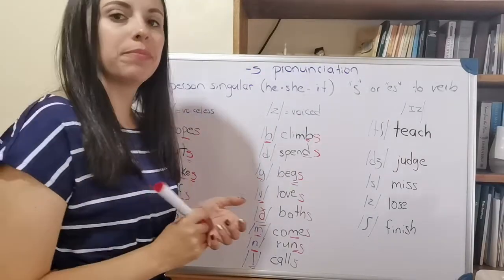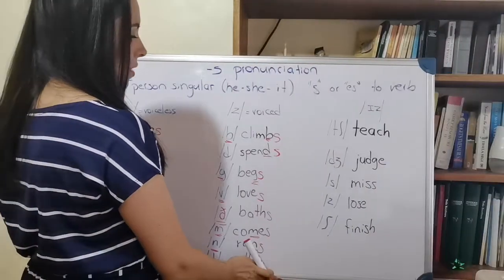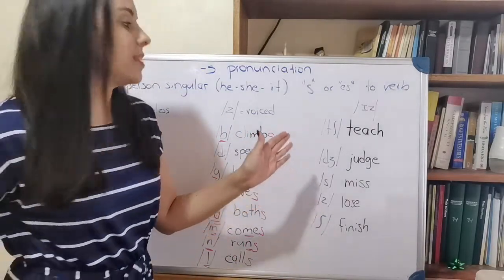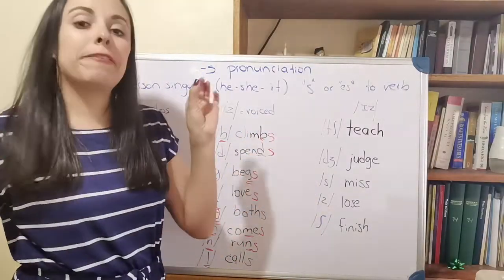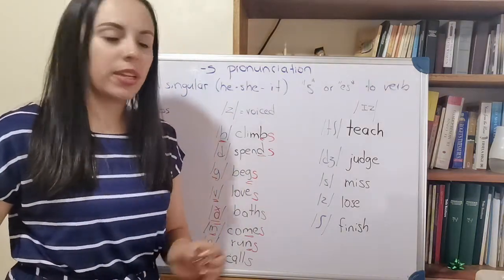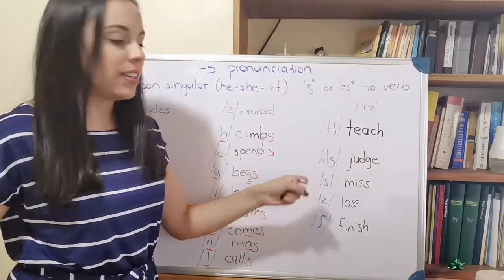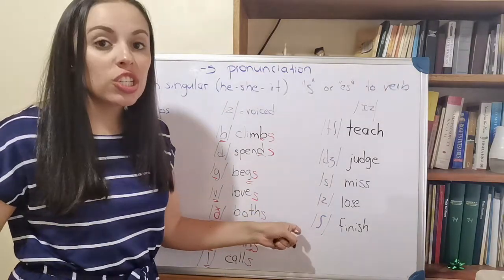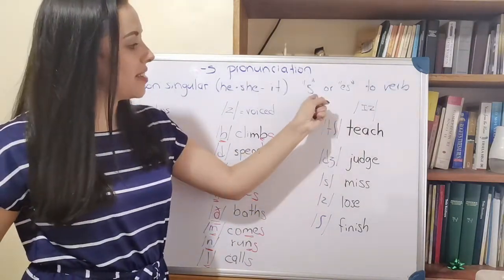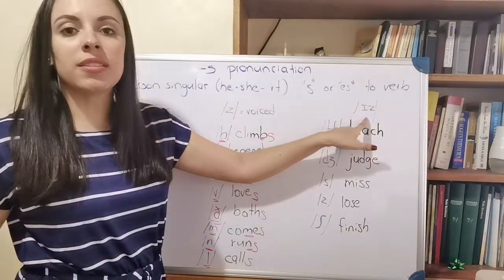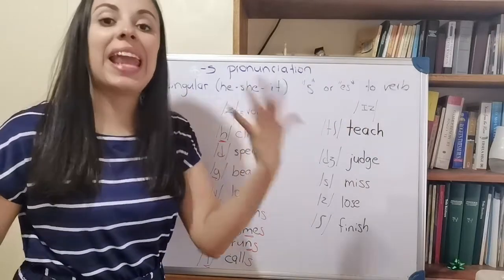And finally, we have this group of sounds. When the final sound of the verb is ch, j, s, z, or sh, the S or the ES is pronounced as is. We need to add an extra syllable.